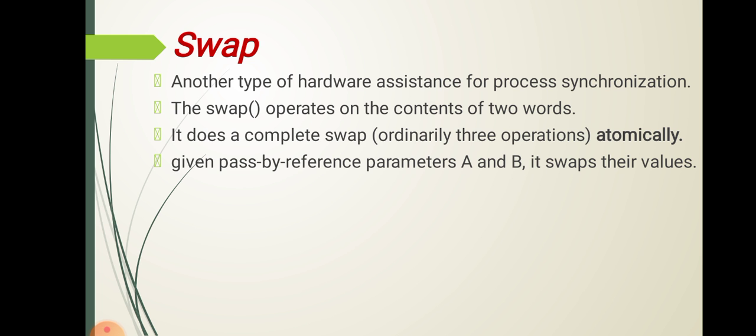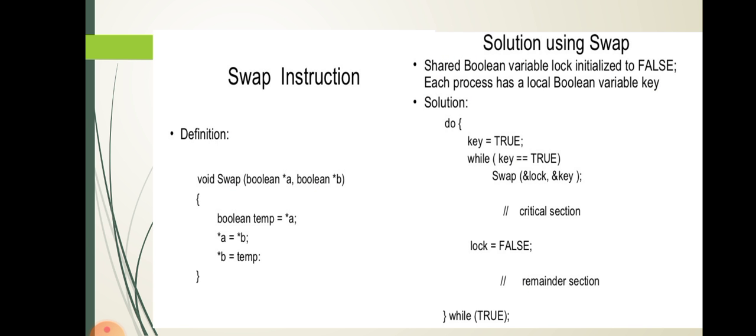Now the values of the two variables are going to be exchanged by using the pass by reference mechanism. So this is the swap instruction. On the left side we can see the definition of a swap function.